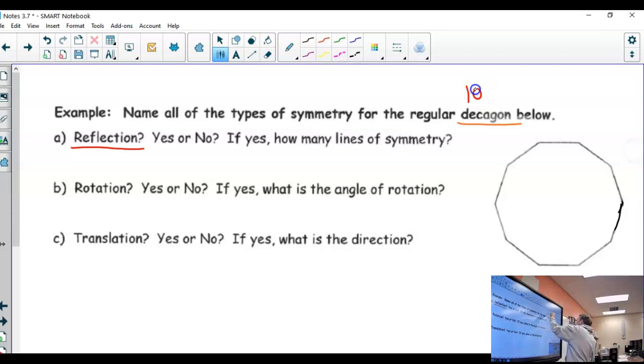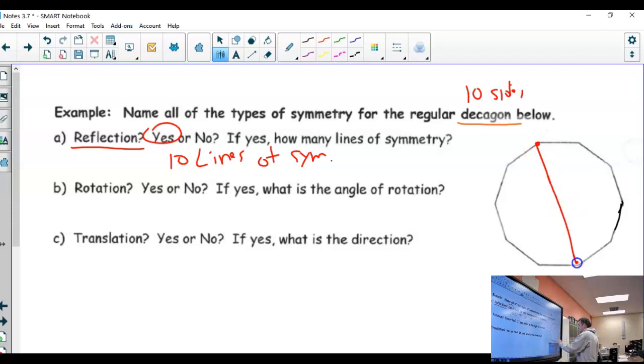So this decagon has 10 sides, so it would have 10 lines of symmetry. And you could get those by connecting angle to angle and midpoint of side to midpoint of opposite side. I could draw 10 of them if I wanted to, but I'm not going to.